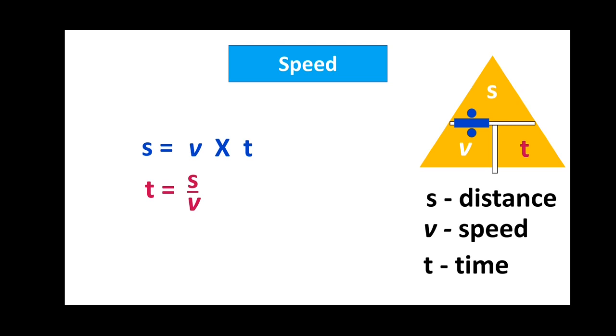Like that we can also find the formula for speed. That is, speed v is equal to s divided by t. So let us write it. Speed v is equal to distance s divided by time t. So remembering this triangle helps in calculation. If you know how to rearrange the formula, then you can use it.